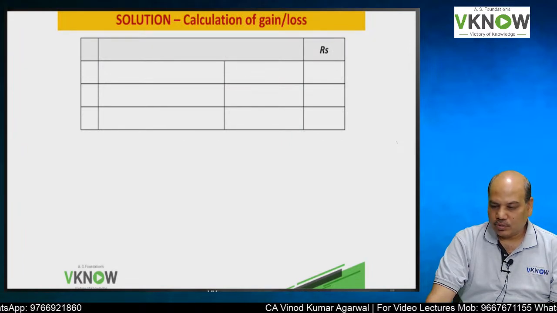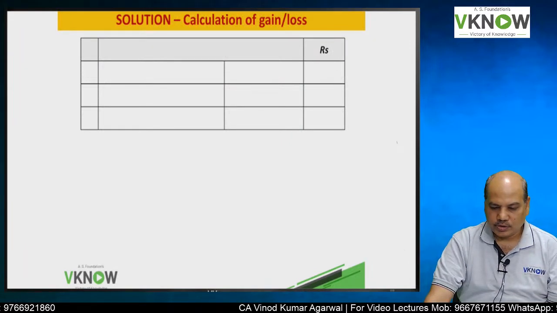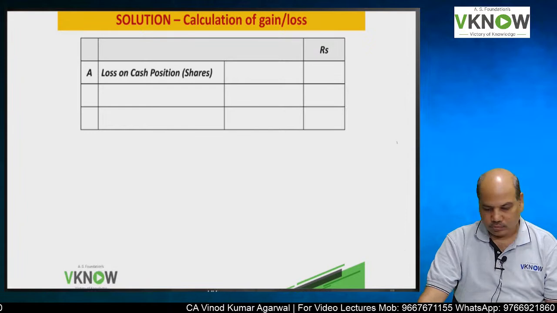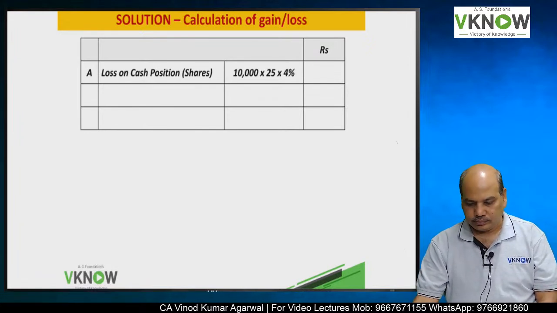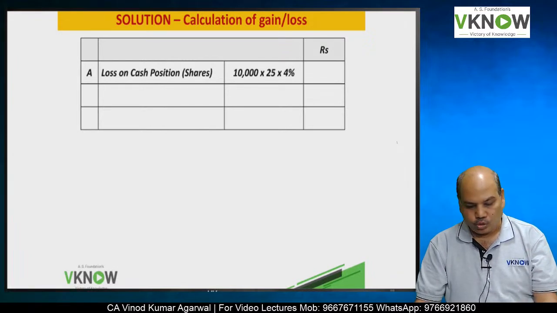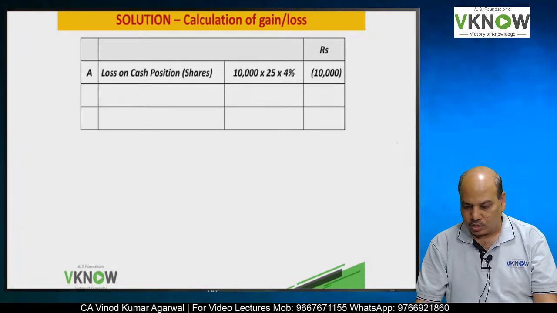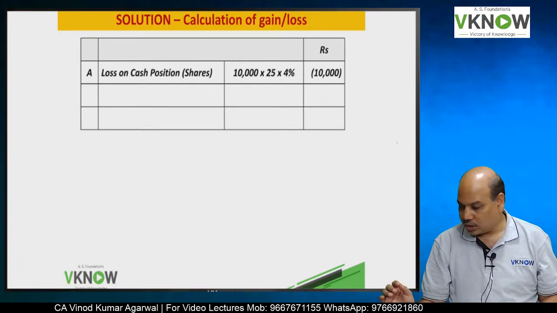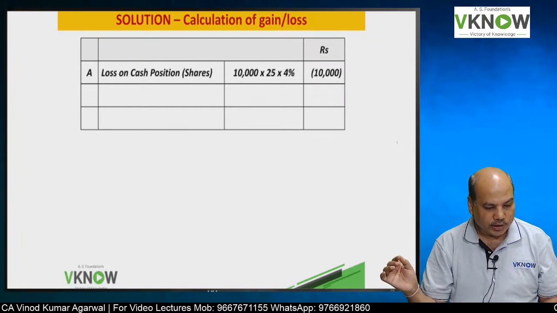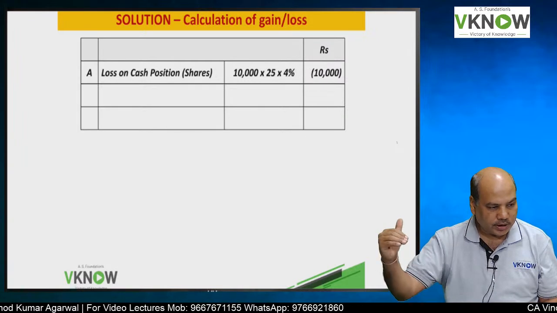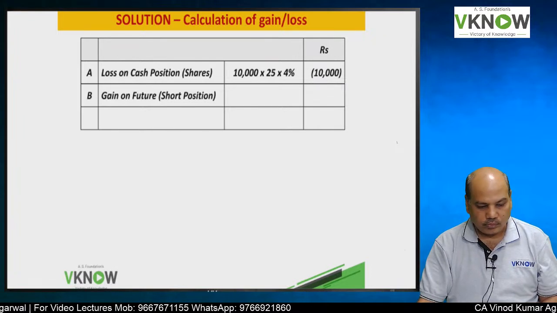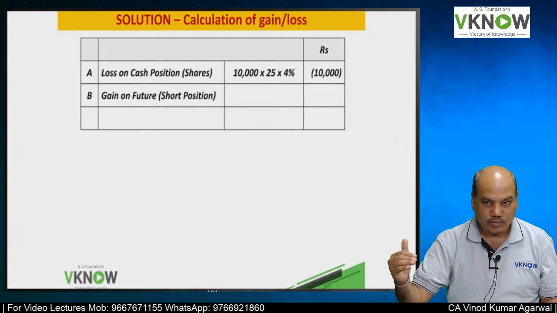So write down like this: calculation of gain or loss. Just three lines. First point A, write down loss on cash position. Cash position loss because share price has gone down. You have a long position on share, so you will have a loss equal to 10,000 shares into 25, into 4%, so 10,000 loss. In future you have a short position.